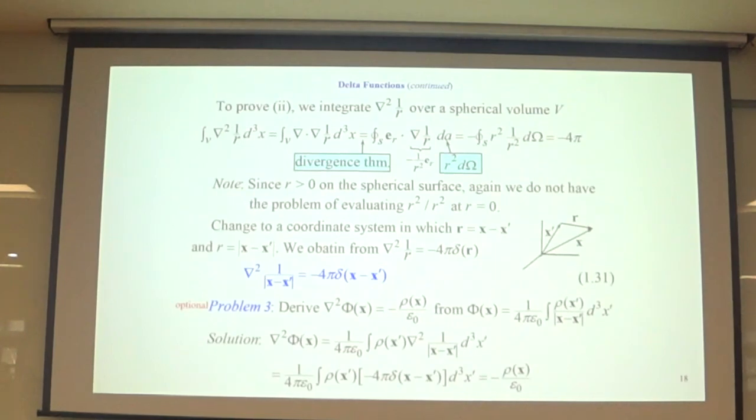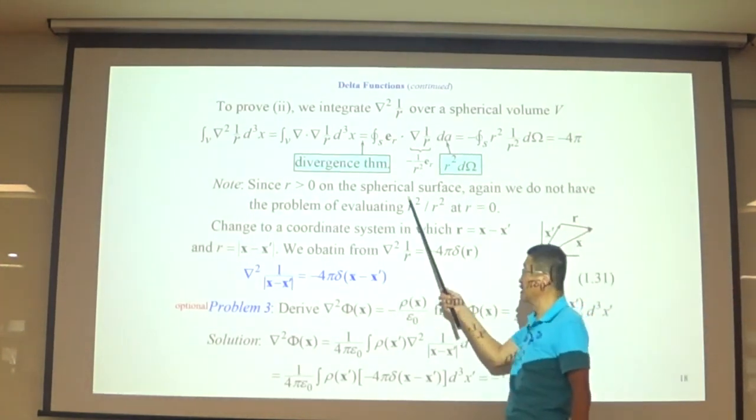The proof of the second property is related to the divergence theorem and to flux.